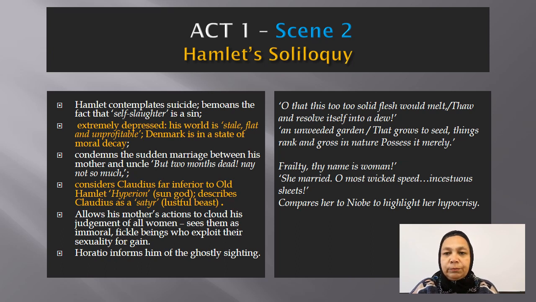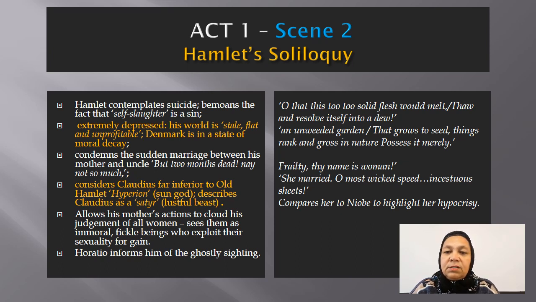But the statue or the stone that used to be Niobe also shed tears. And so Hamlet is suggesting that when his father died, his mother shed copious tears. Yet, very soon after her mourning period, she married his uncle.